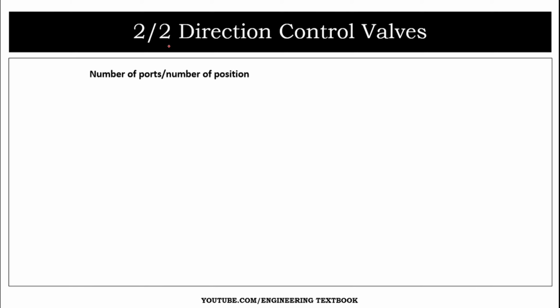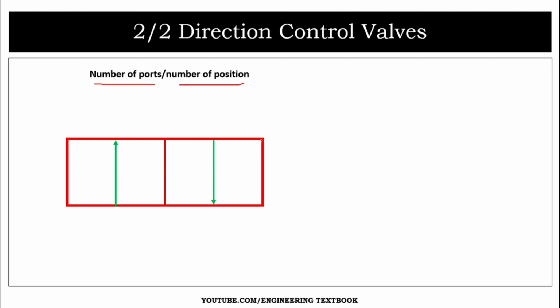So 2x2, what does it indicate? Number of ports by number of positions. So what it exactly means is, here is a figure of the symbol of the direction control valve. It is a symbol of the 2x2 direction control valve. Here the red boxes, there are 2 red boxes. It indicates the number of positions.